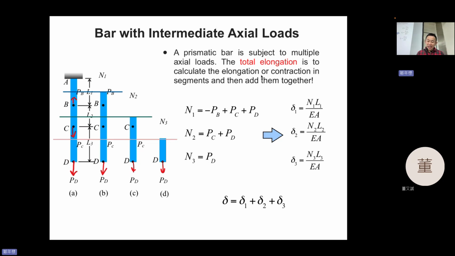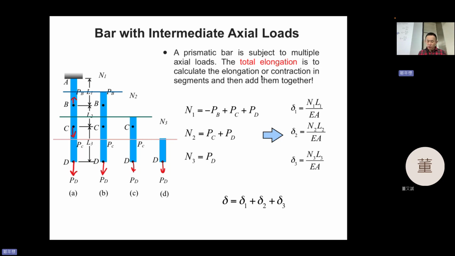It will be the deformation of each section summed up together, which is the total deformation of this bar. So each section has its own deformation, and if you want to get the deformation of each section, we need to get the internal force for each segment.